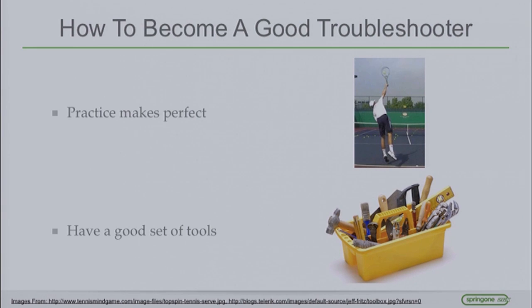Second, you need to have a good set of tools. Without diagnostic tools, you won't be able to find the problems that you need to find in your application. And this is really what we're going to cover today, is hopefully enhancing your toolbox so that when you leave here today, you can add at least one new tool to your toolbox.